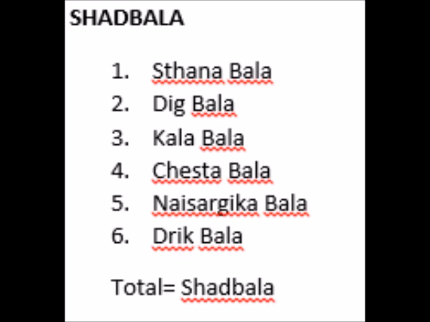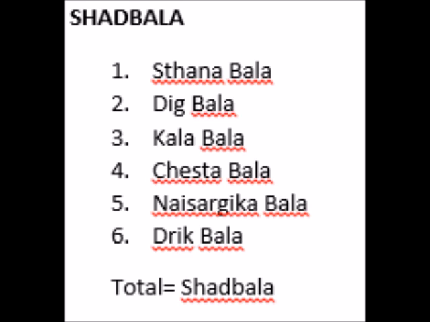Chestabala is about the speed of the planets, how fast or slow the planets are at that particular moment when the person is born. And Naisargika Bala depends on how luminous the planet is, and we've discussed that Sun gets the maximum because it's the brightest, and Saturn gets the lowest points because it's the faintest.